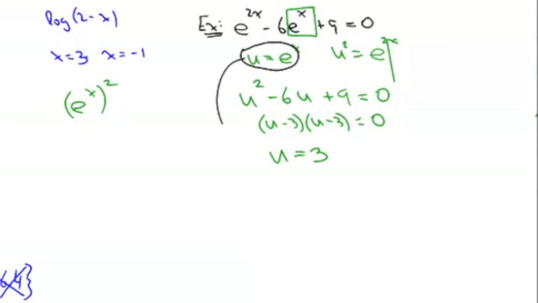Bring him back to life down here and go e to the x must be equal to 3. How do you solve that little equation? Stare at it. Okay. I need to bring the x down. That's your focus. That x is up high, I need to bring it down low. Not down low underneath a fraction, just down low where all the other normal variables are.